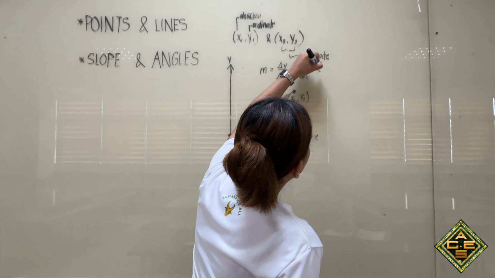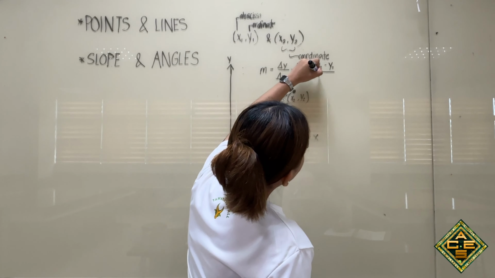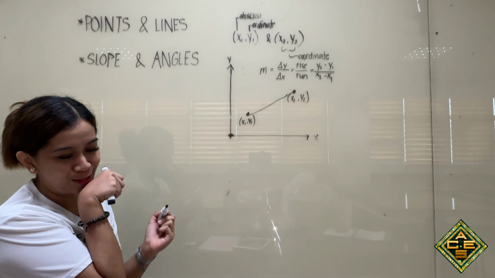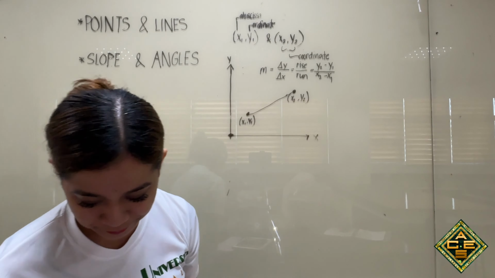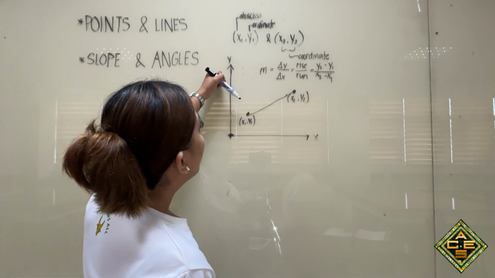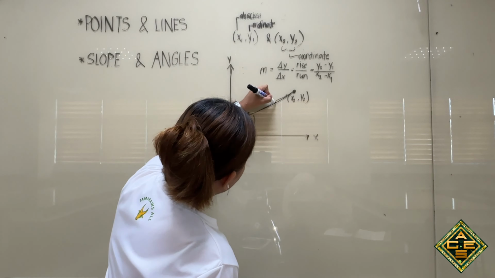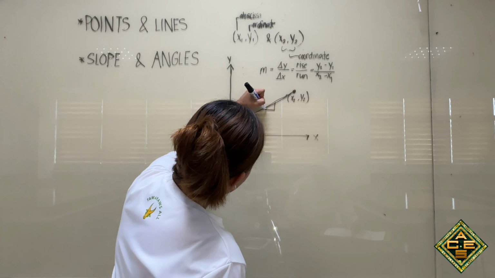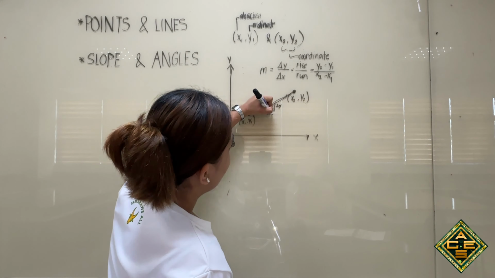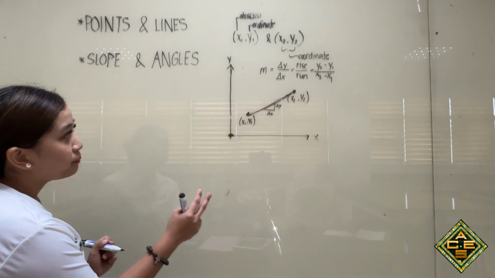So, we subtract y sub 2 minus y sub 1 over x sub 2 minus x sub 1. Doon natin makukuha yung slope niya. This is the change in y and change in x. All throughout, same lang yung slope niya.